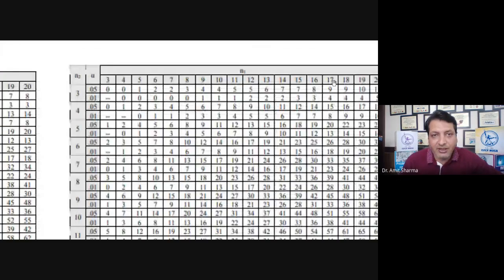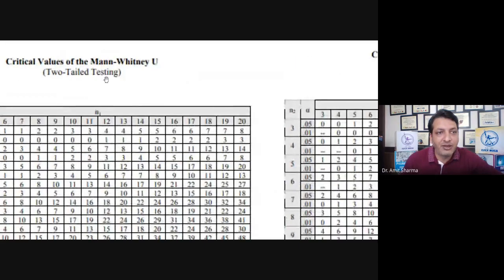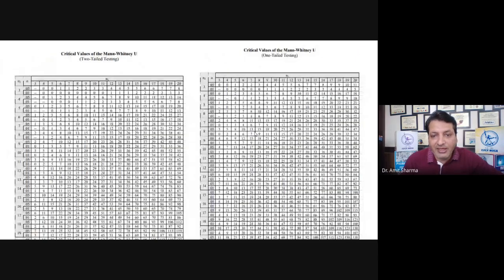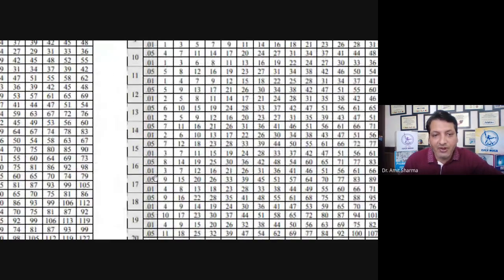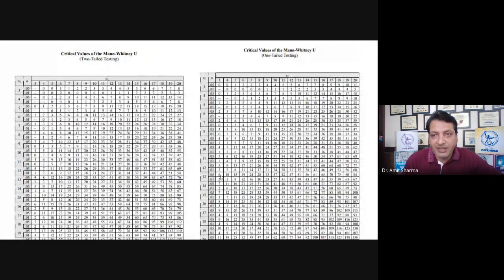You can see this table represents one tail and this represents two tail, and we are looking for one tail. N1 is 17, so I'll look for 17, and the significance level of the study is 0.05. In front of 0.05, I have to look for the 3.